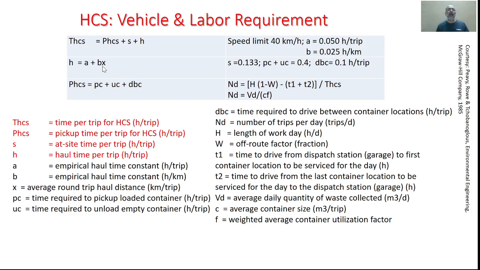These A and B are typically associated with the local site condition. Say, for example, if we think that the vehicle is observing a speed limit of 40 km per hour, A can be taken as 0.05 hour per trip, whereas B can be taken as 0.025 hour per kilometer.